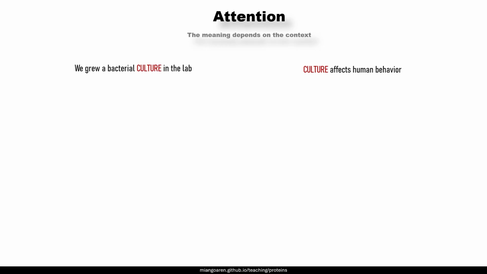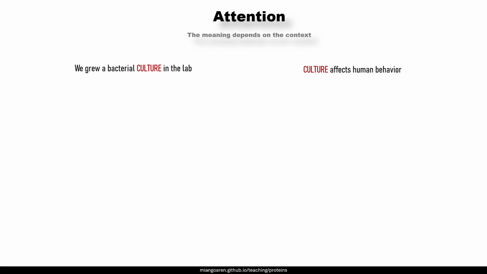And here we have two very clear examples. In the first case, we are talking about growing a bacterial culture in the laboratory, but in English. And in the other example, we are talking about how culture affects human behavior. As you can see, the central word here is culture, which, due to its context within the phrase as a whole, means something completely different.